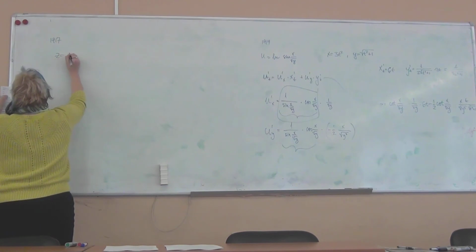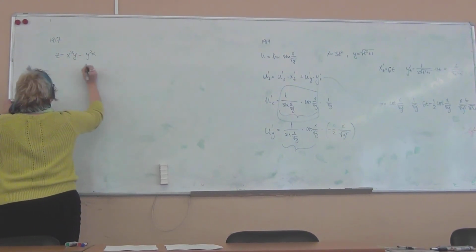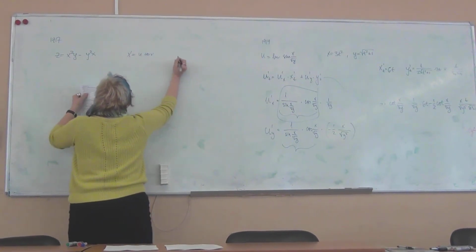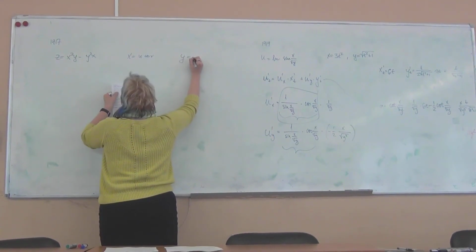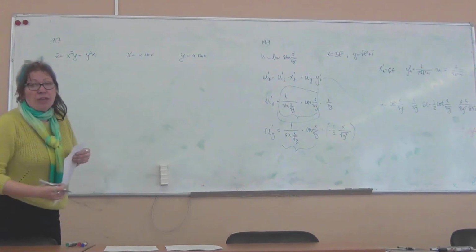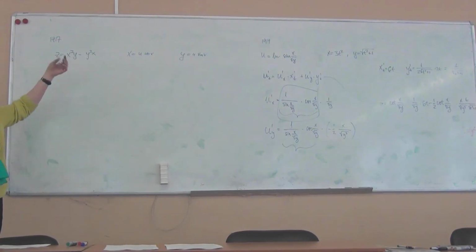So z equals x squared y minus y squared x, and x equals u cosine v, and y equals u sine v. So we have two variables expressed in terms of two other variables each.